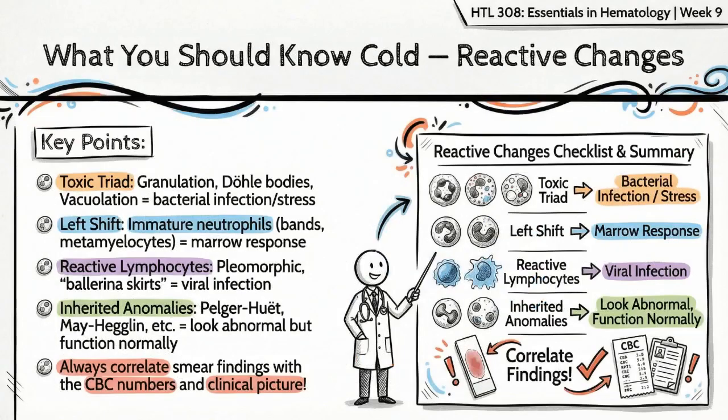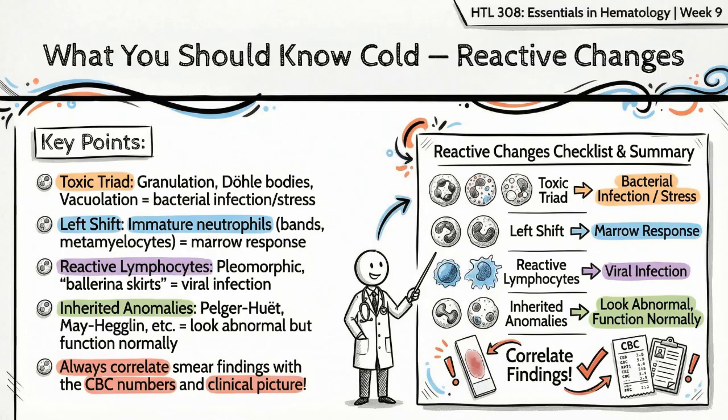Now for the reactive changes, these are your bread and butter for interpreting infection and inflammation. The toxic triad of toxic granulation, Döhle bodies, and vacuolation screams bacterial infection. A left shift means the bone marrow is calling for backup, pushing out immature neutrophils. Reactive lymphocytes, those large, basophilic, heterogeneous cells, are your sign of a viral fight.